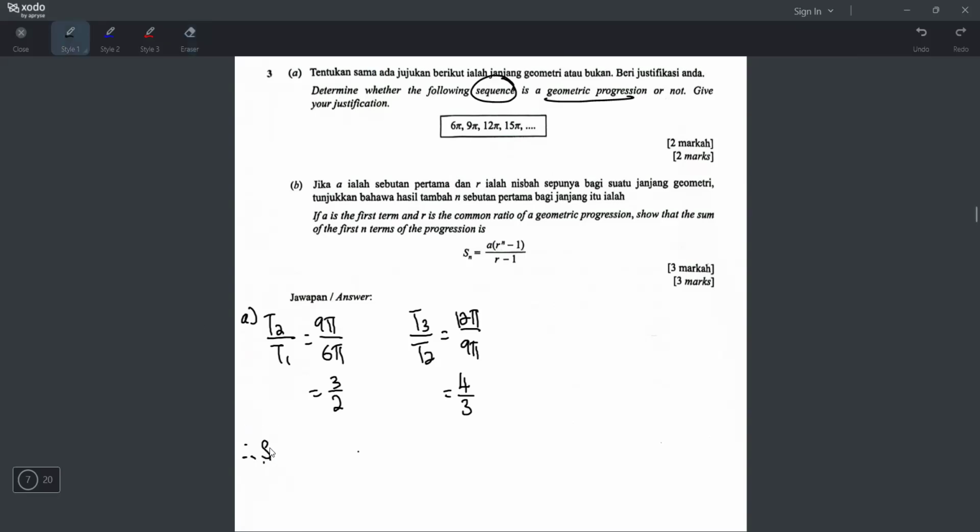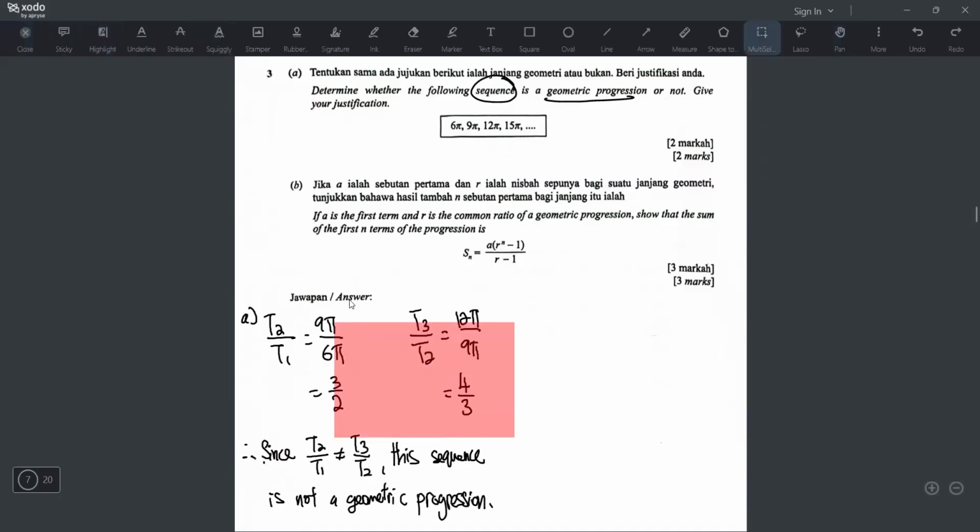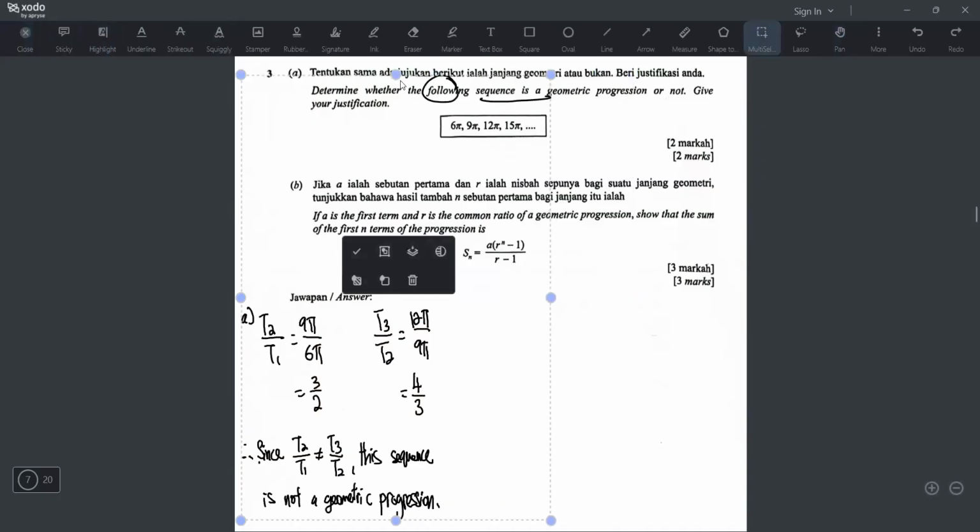Since T2 divide T1 is not equal to T3 divide T2, therefore this sequence is not a geometric progression. Okay, so this is how I would write it. This is good enough because you already mentioned the reason. The reason is because the ratio is not equal, right? Okay, done already. Now we can do B question.